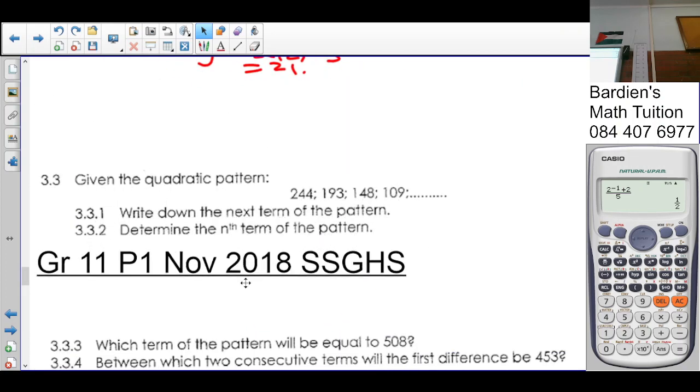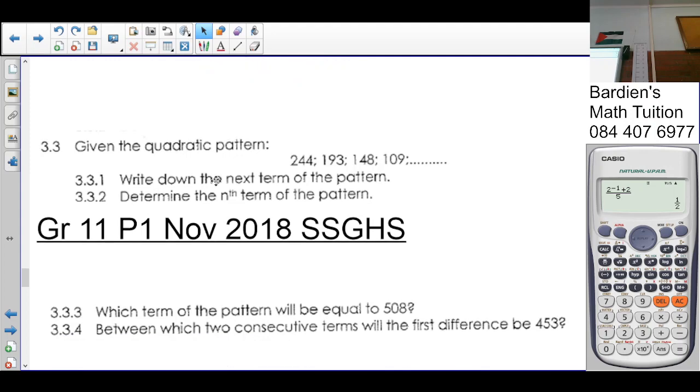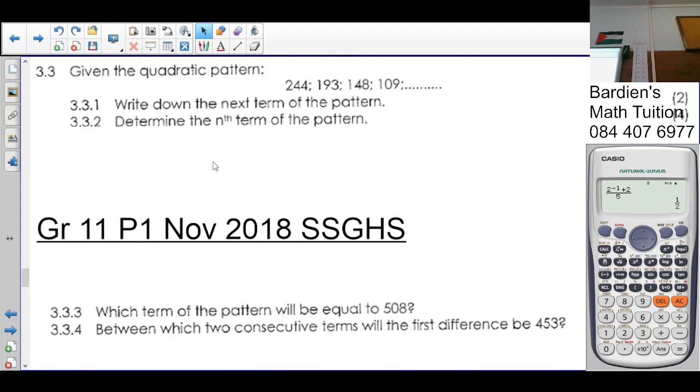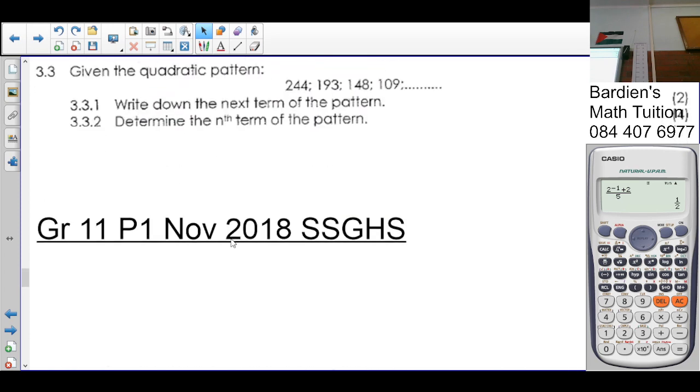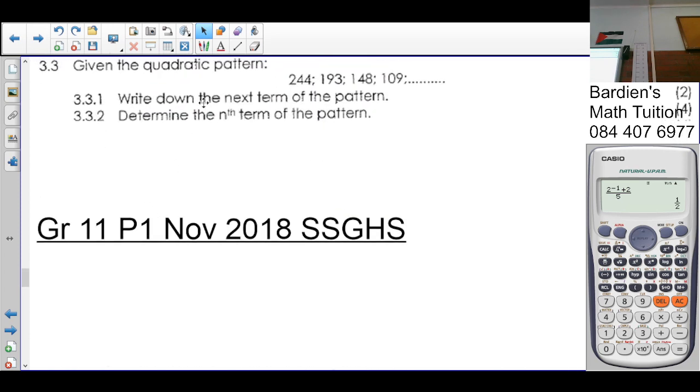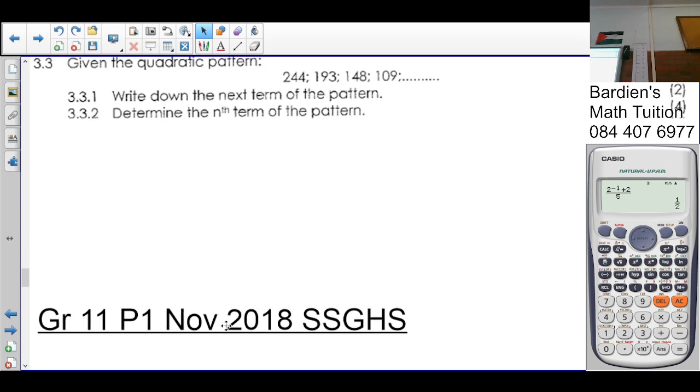3.3. In 3.3 we are given a quadratic pattern. Okay, so now we are given a quadratic pattern.